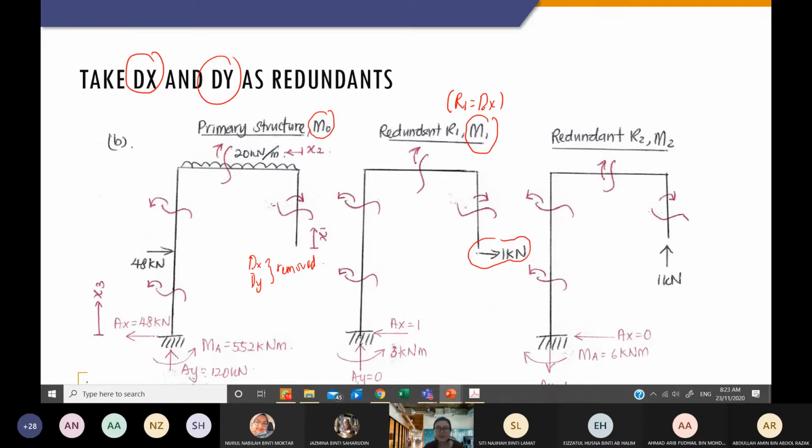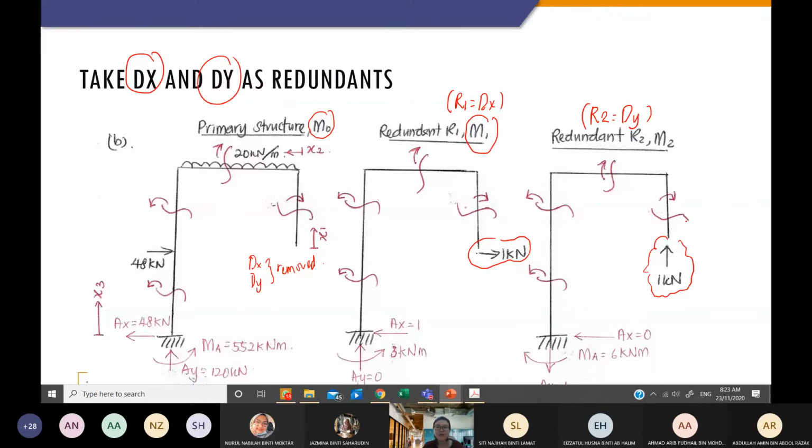The direction is up to your assumption. Then in redundant structure number 2, you have dy, let's say, so you apply back dy with 1 unit force, either upward or downward. So now you have drawn the primary structure and the redundant structures, and they are all determinate structures.